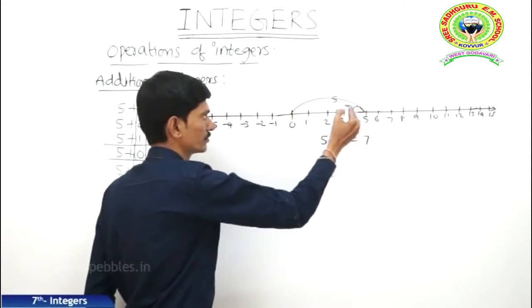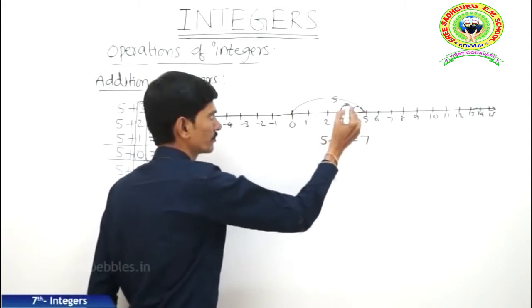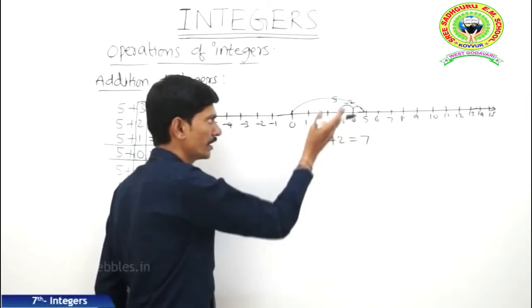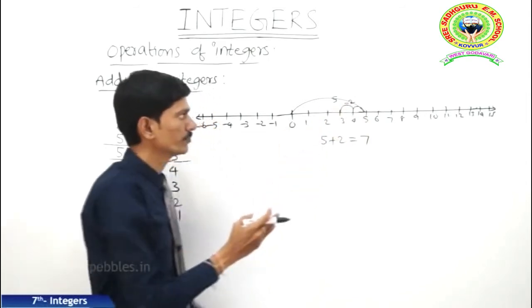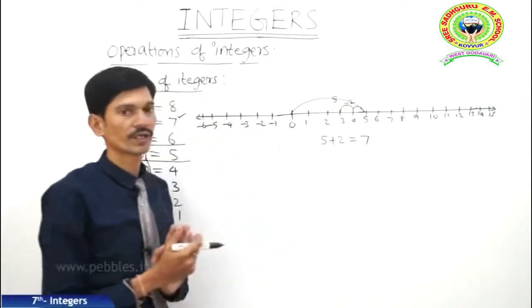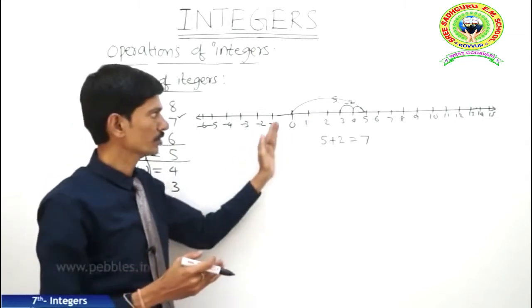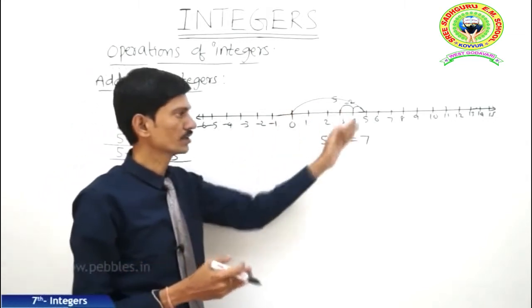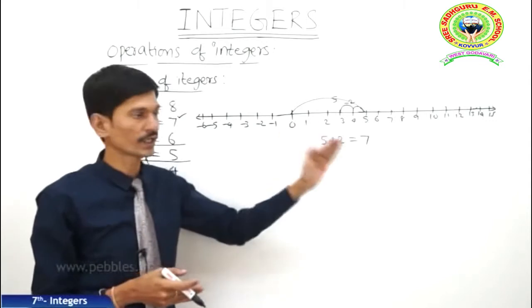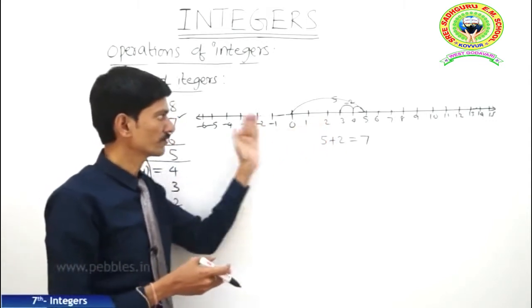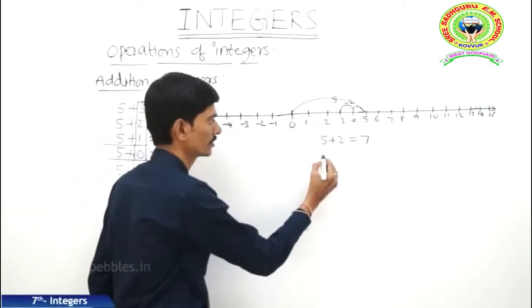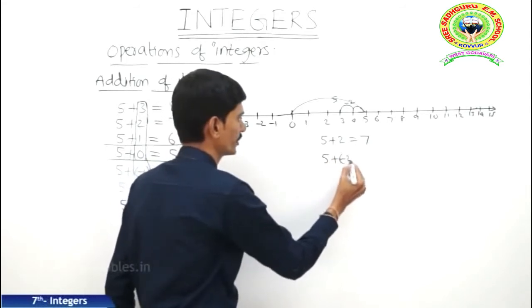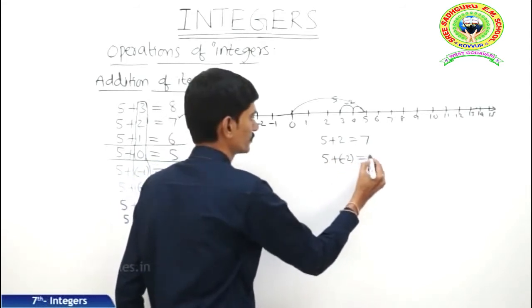So 1, 2. So this is minus 2. So when you add a negative integer, then we move left on the number line. When you add a positive integer, we move right, and when you add a negative integer, we move left on the number line. So we get 5 plus minus 2 equals 3.